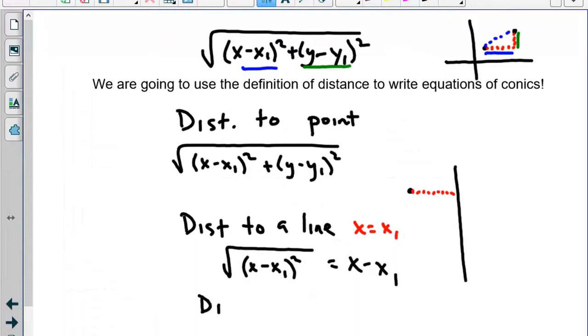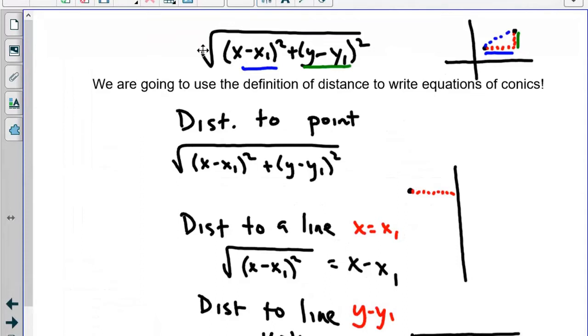Likewise, if we want to find the distance to a line y minus y1, we don't need the distance formula for that either. We're just taking the straight up distance y minus y1. That example would be if we had some sort of horizontal line. Oops, that should have been an equal sign. y equals y1, some y value, some number.